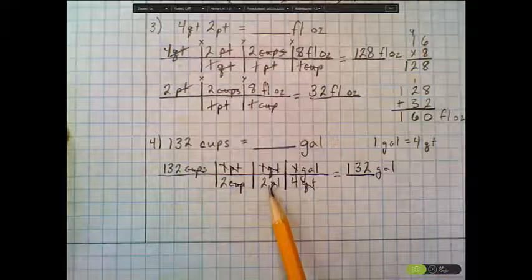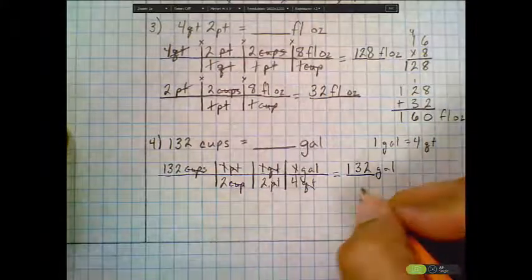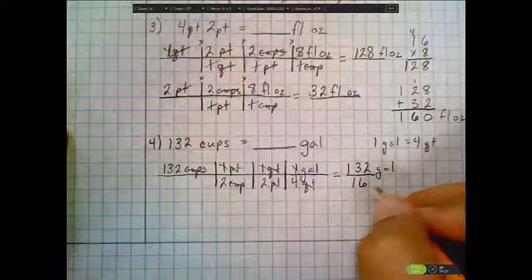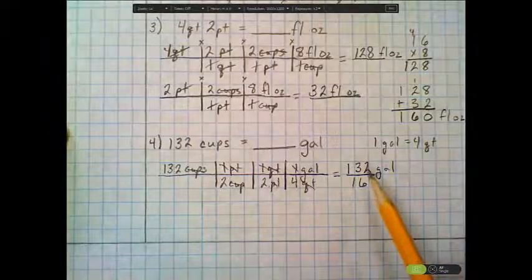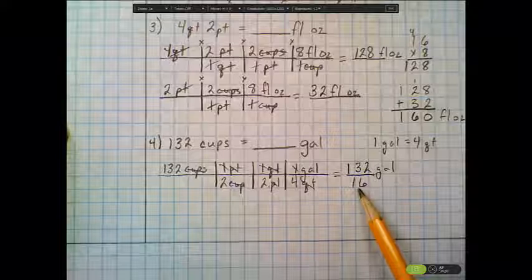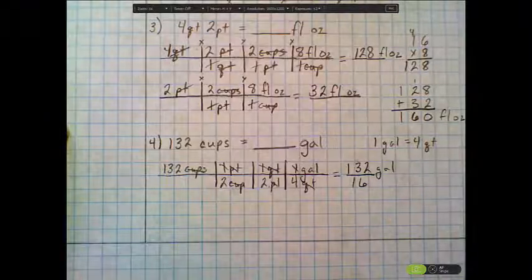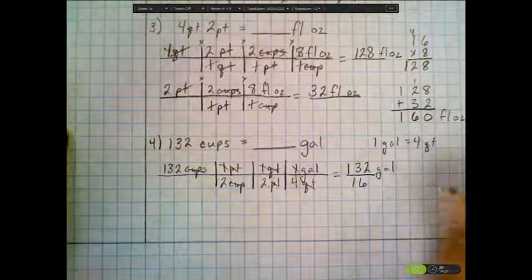And then we have 2 times 2 is 4. 4 times 4 is 16. So now we have a division problem, 132 divided by 16. Well, I don't know the answer to that, so I'm going to go ahead and solve for that.